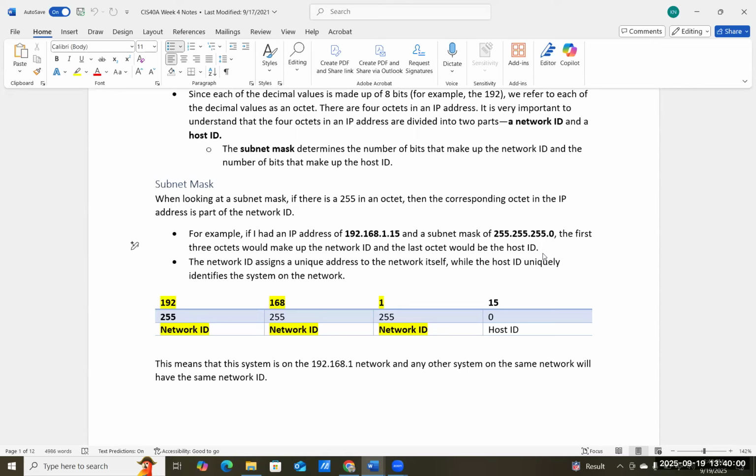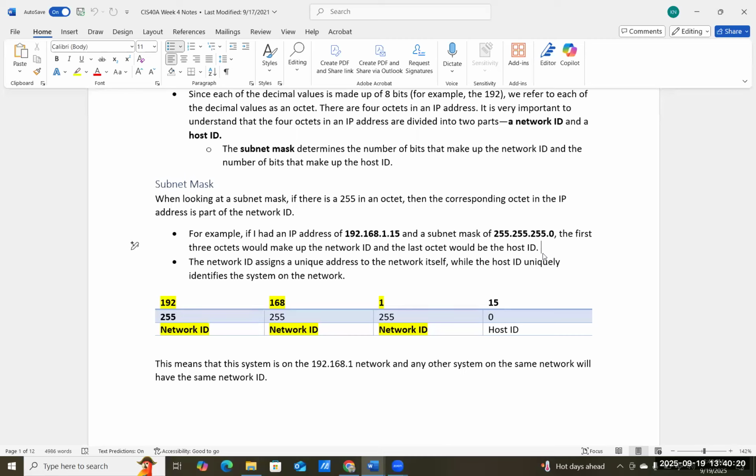It's like how the zip code is 92551, and I live in the other part of Moreno Valley, so I would have a different, higher zip code. So it would know what part of town that system belongs to.